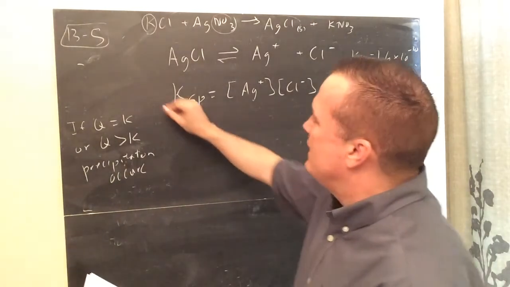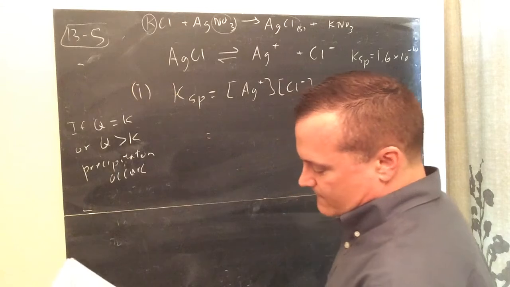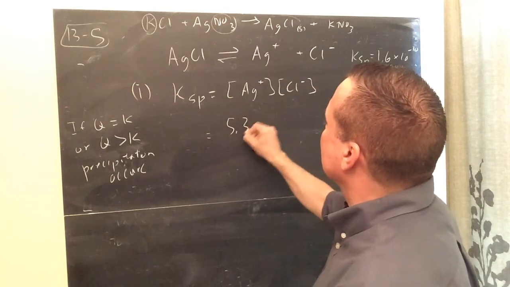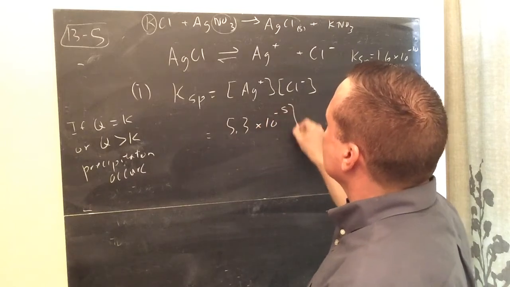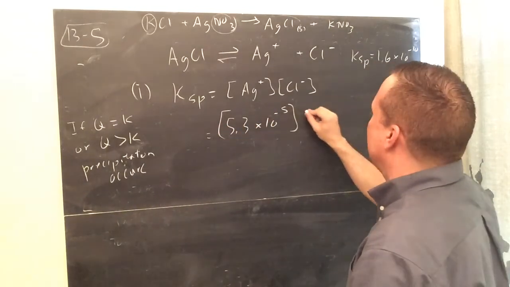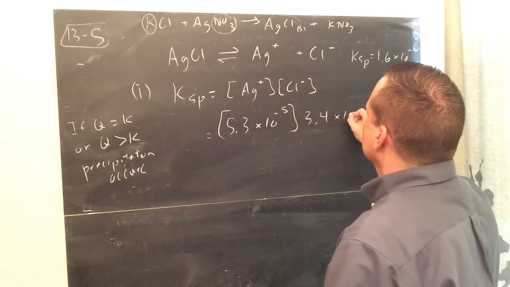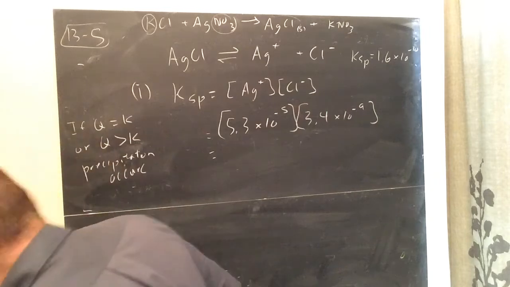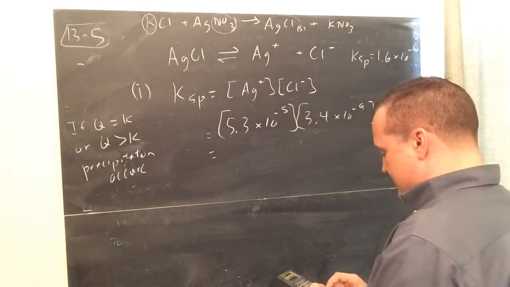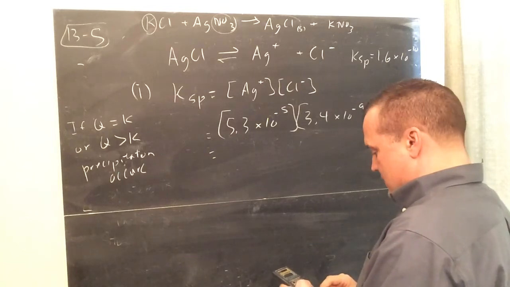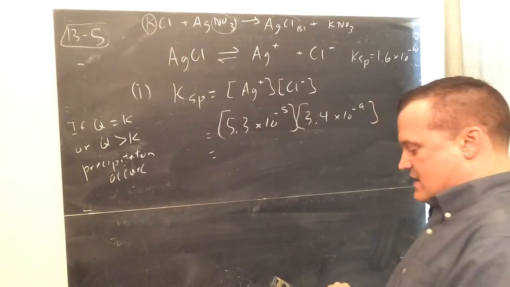Okay, so we'll do the first one at least here. For number one, we'll just do one of these. If silver is 5.3 × 10^-5, and if the chloride molarity is 3.4 × 10^-9, let's just multiply those. So 5.3 × 10^-5 times 3.4 × 10^-9.